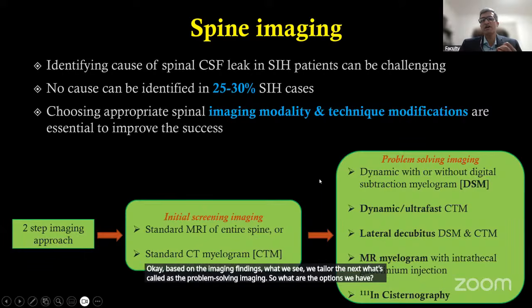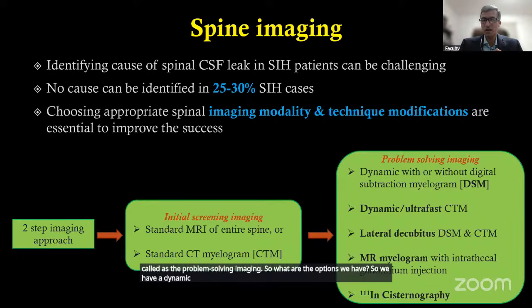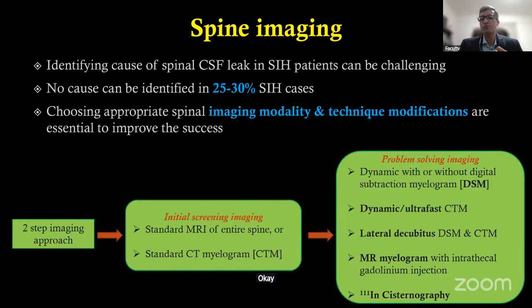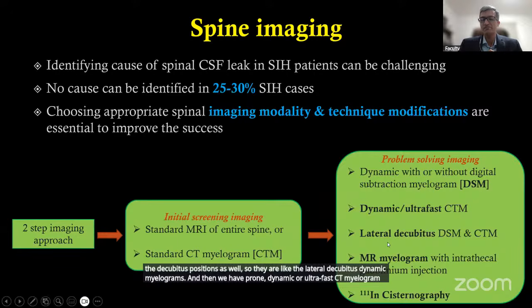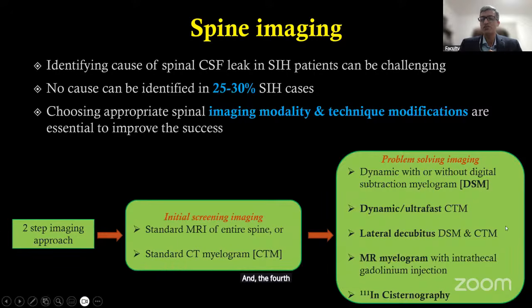So what are the options we have? We have a dynamic myelogram, which can be digitally subtracted or unsubtracted. Okay, so these are the regular prone myelograms, and we can do these in the decubitus positions as well, so the lateral decubitus dynamic myelograms. Then we have the prone dynamic or ultrafast CT myelogram, and the fourth one, the lateral decubitus dynamic CT myelogram.